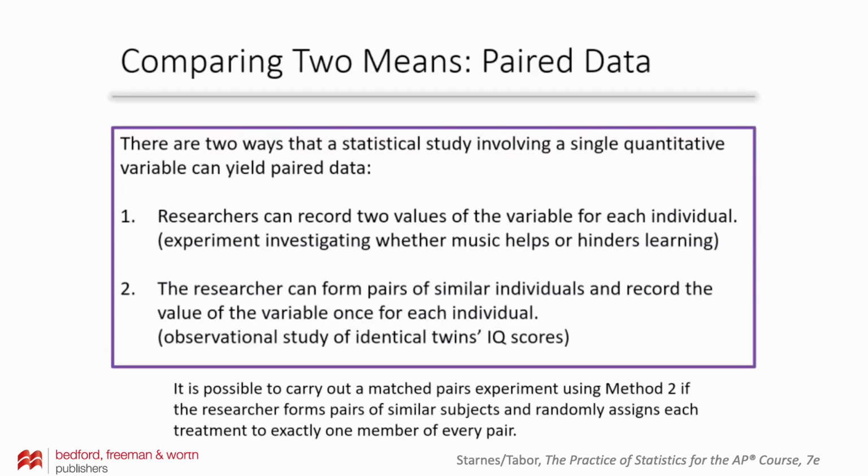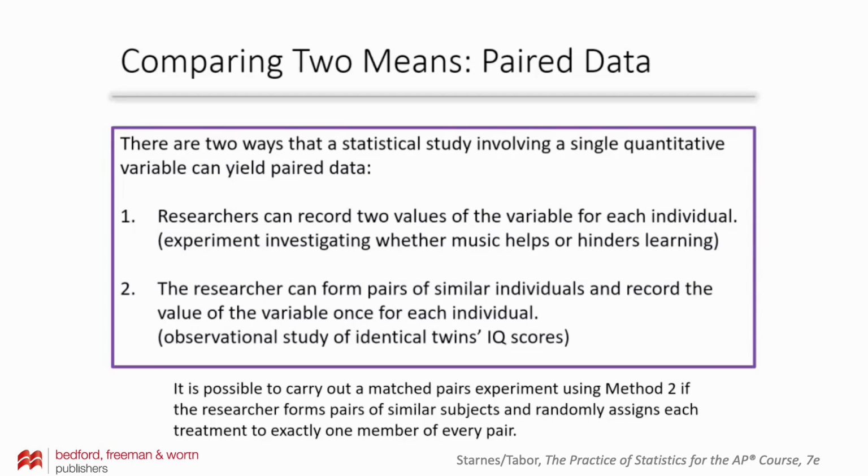So when you're comparing two means in paired data, there are two ways that a statistical study involving a single quantitative variable can yield paired data. One, researchers can record two values of the variable for each individual, like the one with the well.